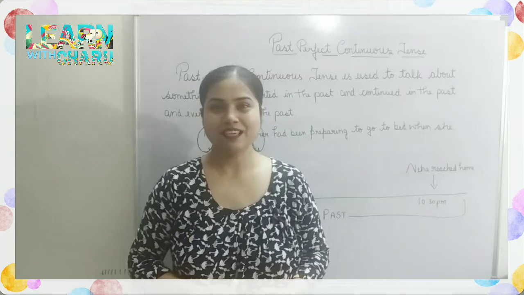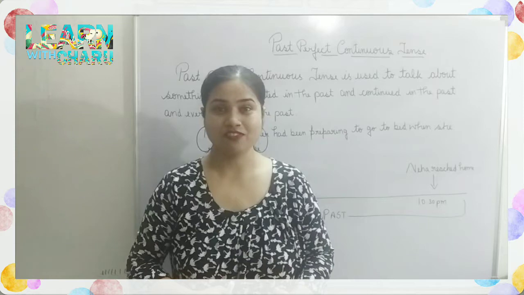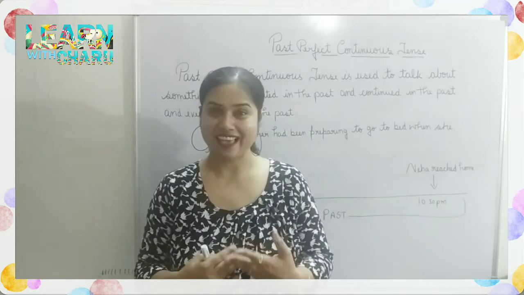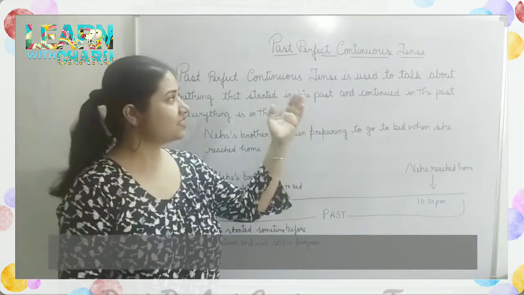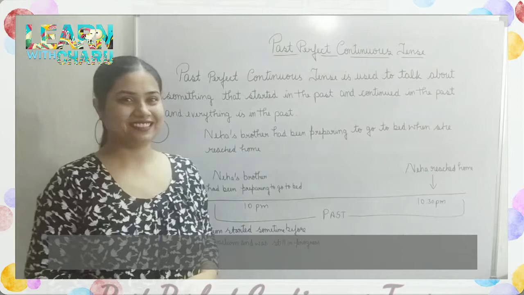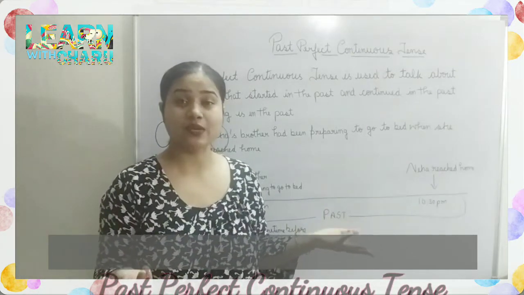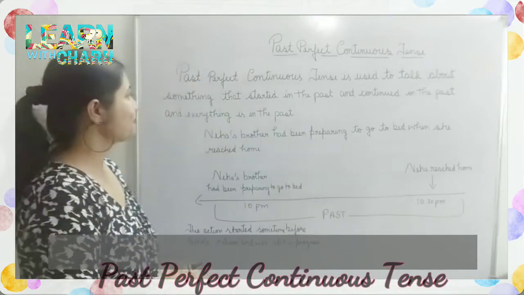Now, let me introduce you to the last member of the past tense family. Yes, and it is past perfect continuous tense. Now, what is past perfect continuous tense? Let's understand.